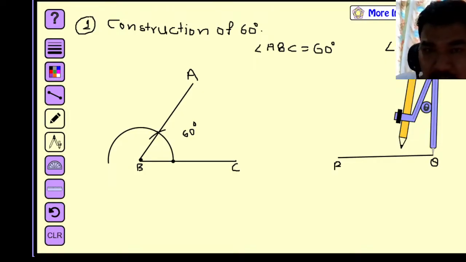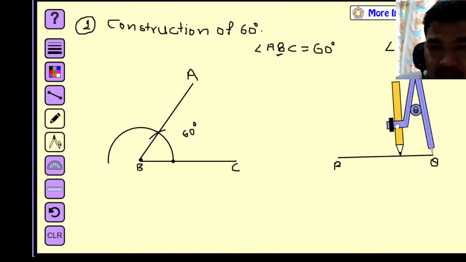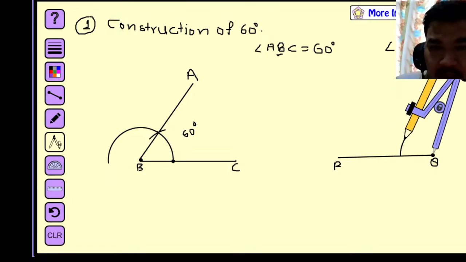Here it is Q. That's why the main arc of this angle should be drawn at that point which is in the middle. Here it is Q, that's where we are keeping the tip of the compass. Now we have to put it like this straight and cut one main arc.